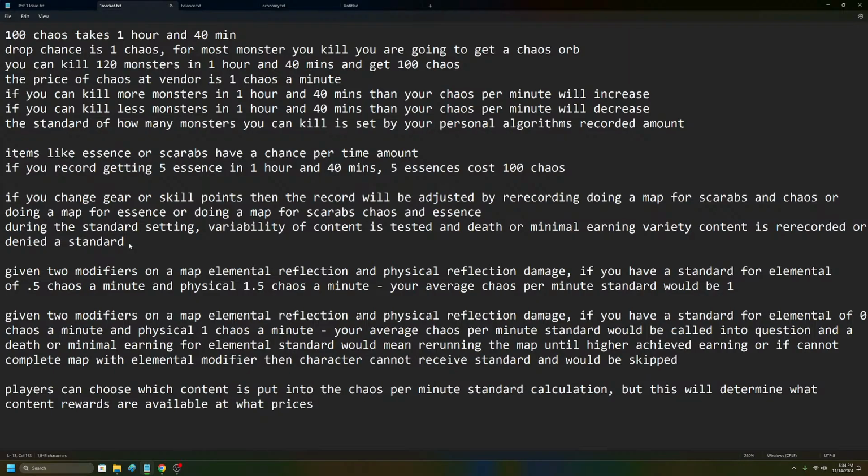And so whereas before you were just running maps automatically, now you're running maps with Delve. That makes scarabs less expensive, because it's at a Chaos Orb standard of 1.2 and not something like 0.5.